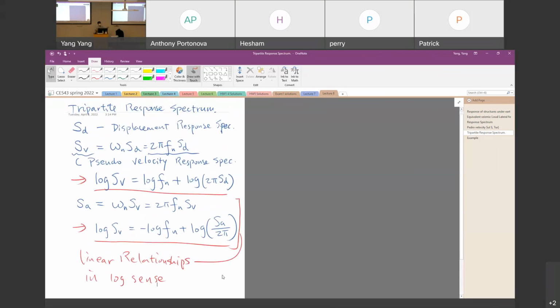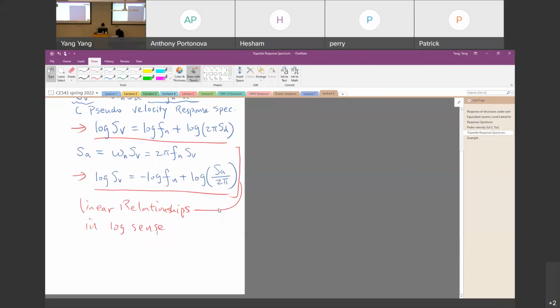So because of this relationship, we should be able to show the three response spectra with the same curve, in the same chart.